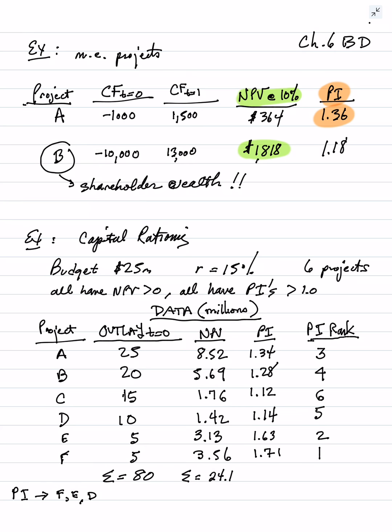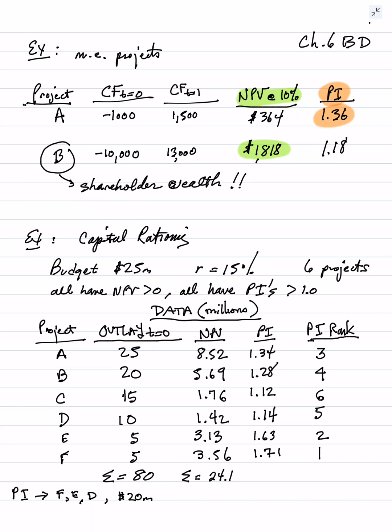Well, you'd have to have a total outlay of 20 million. These are the highest ranked projects that are still sitting inside your budget constraint of 25 million. So you put in F and E, and with F costing me 5 and E costing me another 5, there's 10 out of my 25 million. I've got 15 million left.